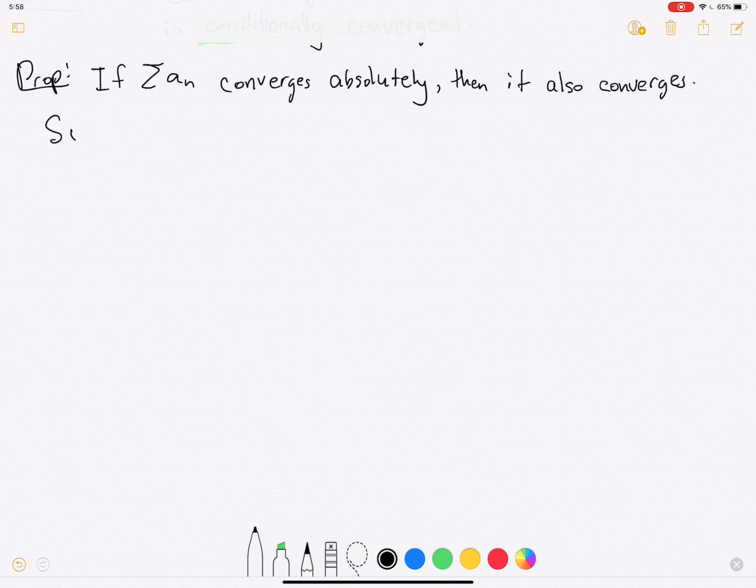So suppose a_n converges absolutely. So this series converges.